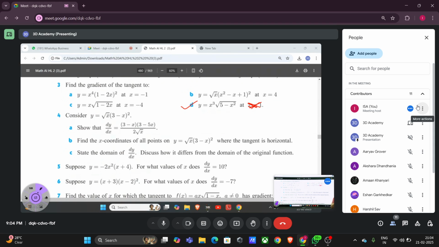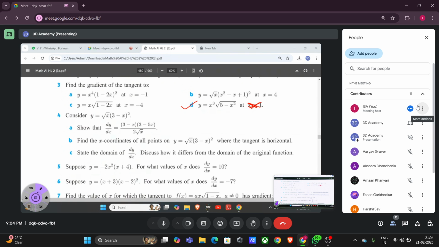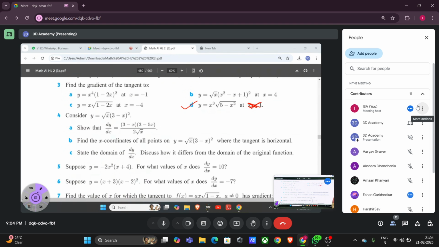Okay, Sahil's answer has come. Okay, Sahil solved it correctly, but when you have solved v dash, the 2 and 2 can be cancelled. Ishaan, v dash is wrong. Ishaan, v dash is wrong. 2 root x, yes, very good Harshil. But if I just add the negative sign, then it's fine, right?